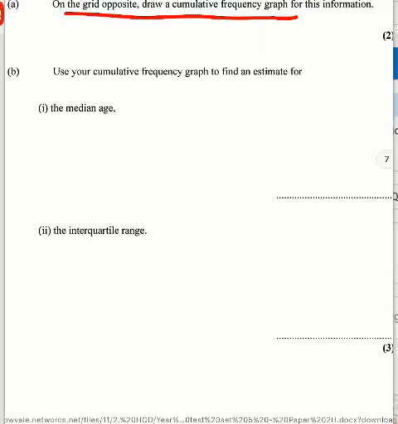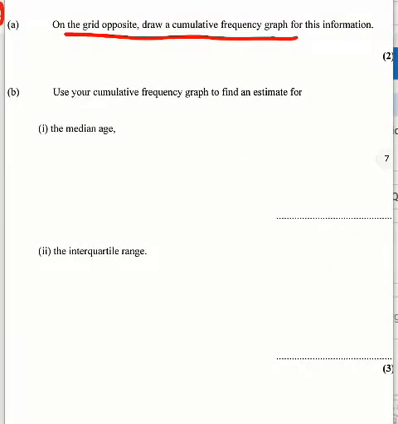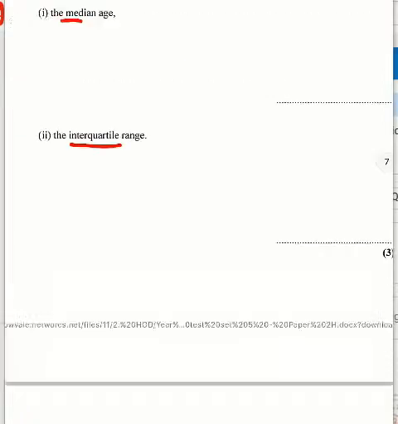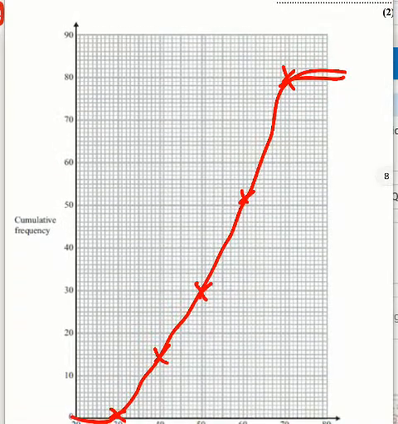So part B, use your cumulative frequency graph to estimate the median and the interquartile range. So we have 80 bits of data. If you imagine lining those 80 bits of data up and you're trying to find the middle number, that will be the 40th number in the list. So we are going to go across to 40 on our cumulative frequency scale, draw a dotted line and read off the graph.